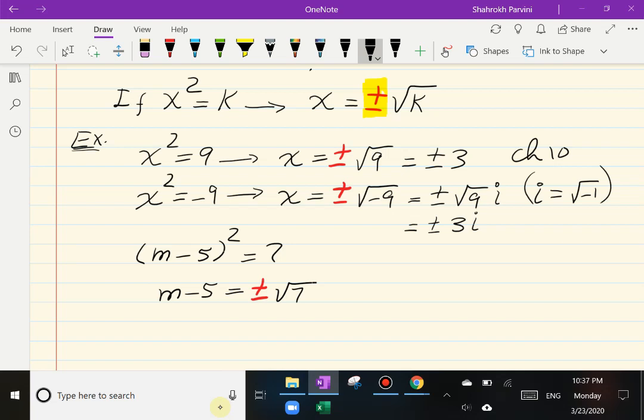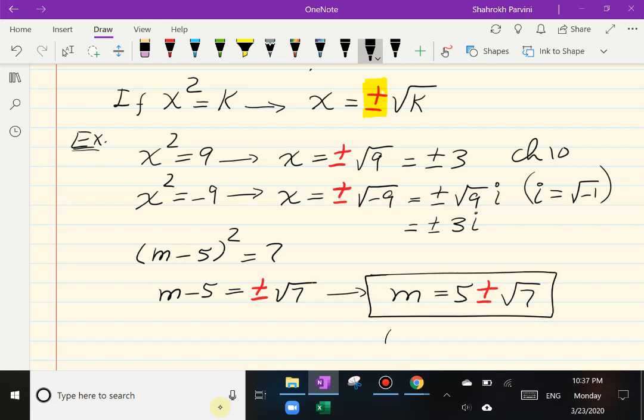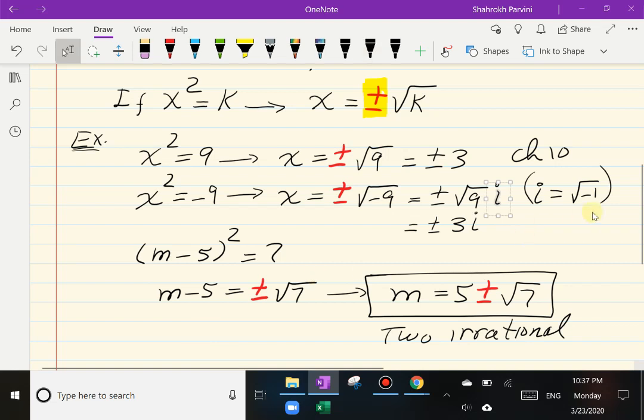To solve, the next step is to add 5 to both sides, which makes this 5 plus or minus root 7, giving us two irrational solutions to that quadratic equation. The reason it's irrational is that the square root of 7 is irrational, which makes the solutions irrational.